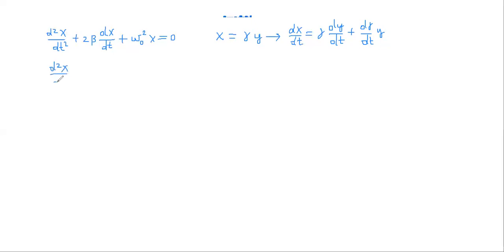The second derivative is the first derivative of the first derivative. So it can be written as d by dt of dx by dt.